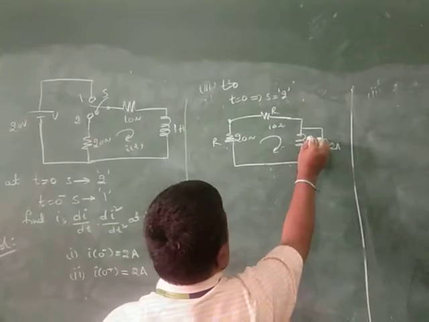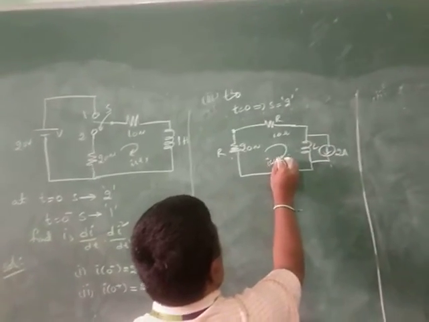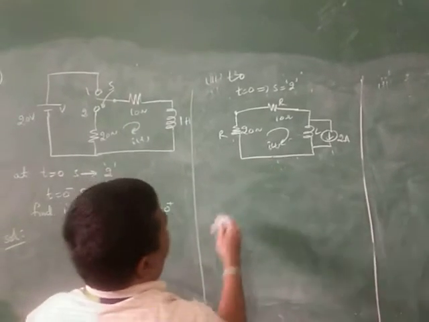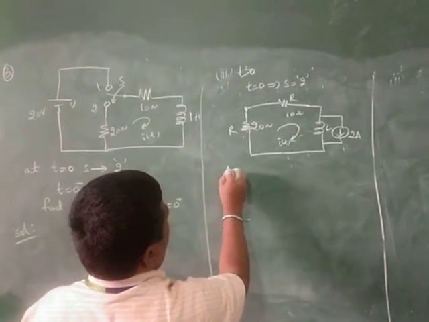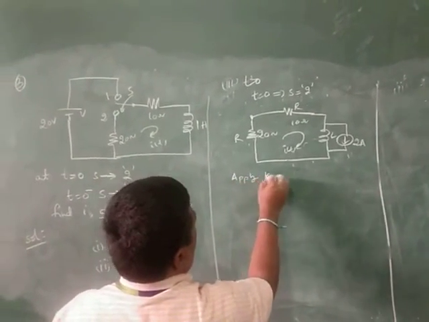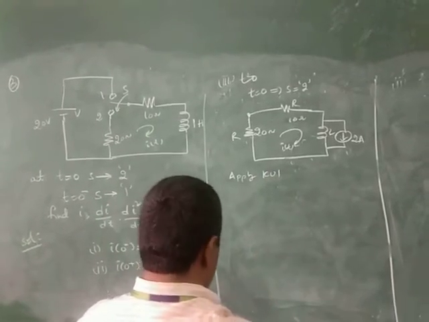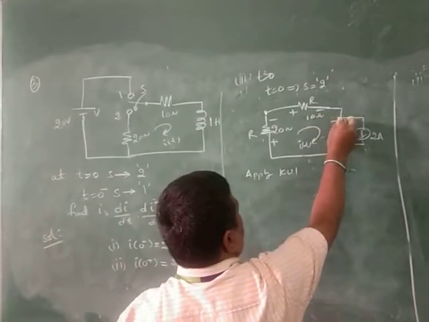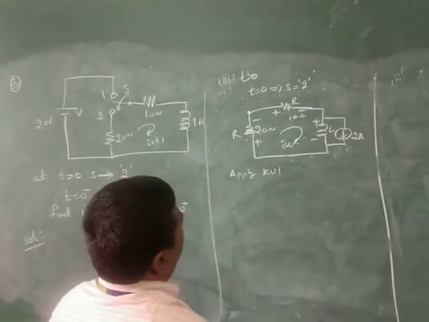Now this is the current I of t. It is a loop. Now apply KVL to this loop, with the polarities plus, minus, plus, minus, plus, minus.